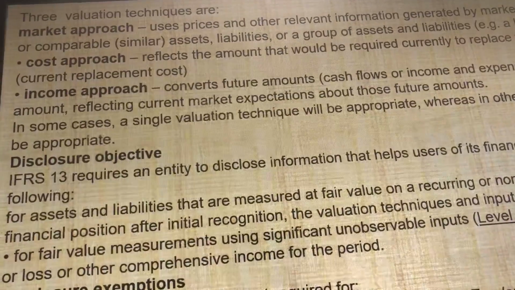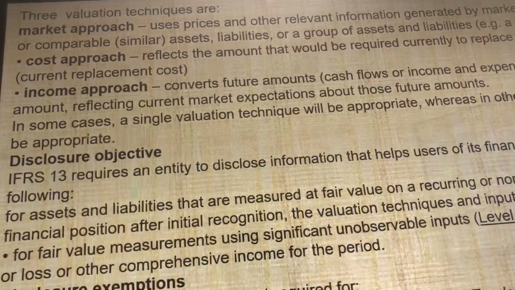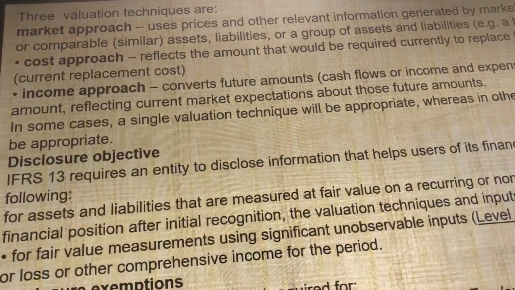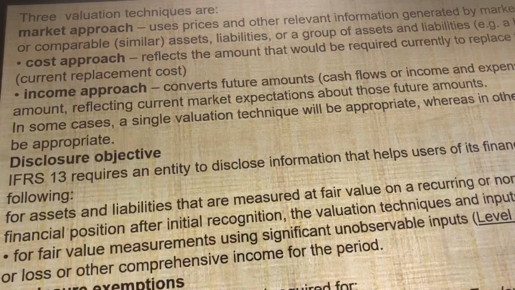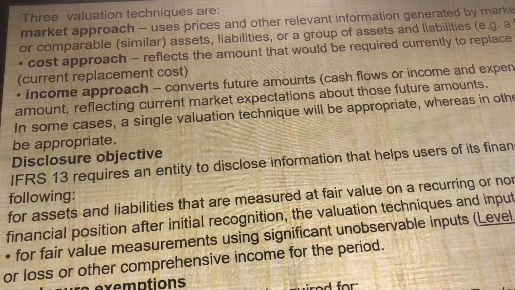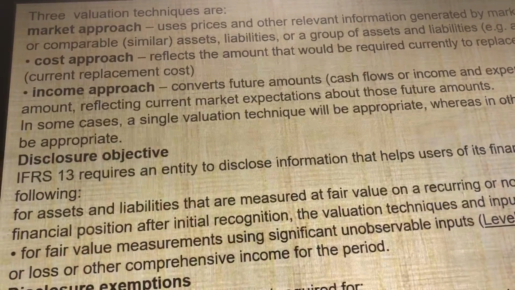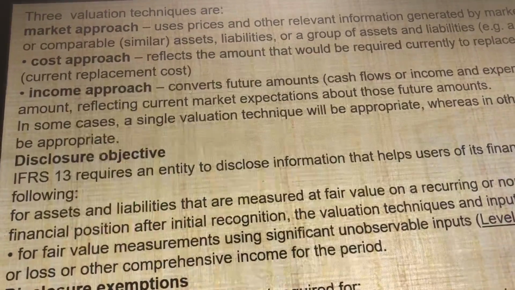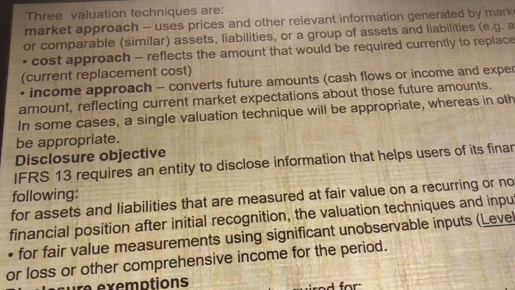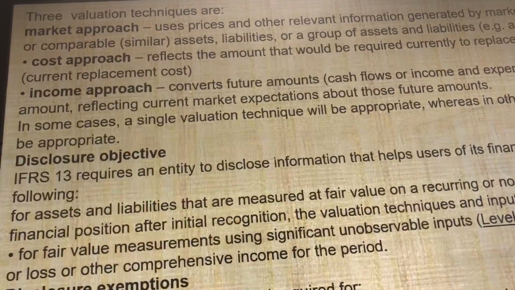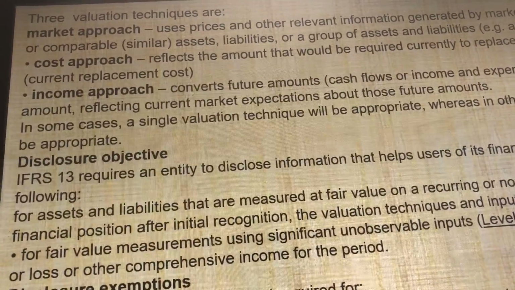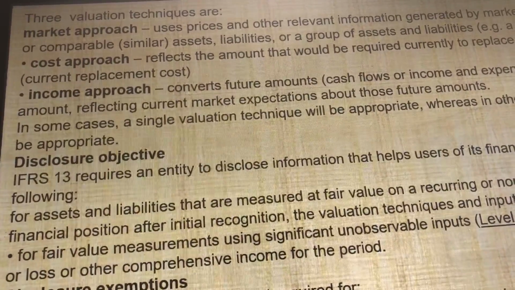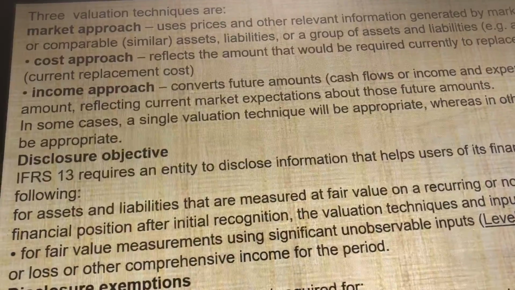Let's talk about the disclosure objective. IFRS 13 requires an entity to disclose information that helps users of the financial statements assess both of the following. Number one, the assets and liabilities that are measured at fair value on a recurring or non-recurring basis. Number two, for fair value measurements using significant unobservable inputs.